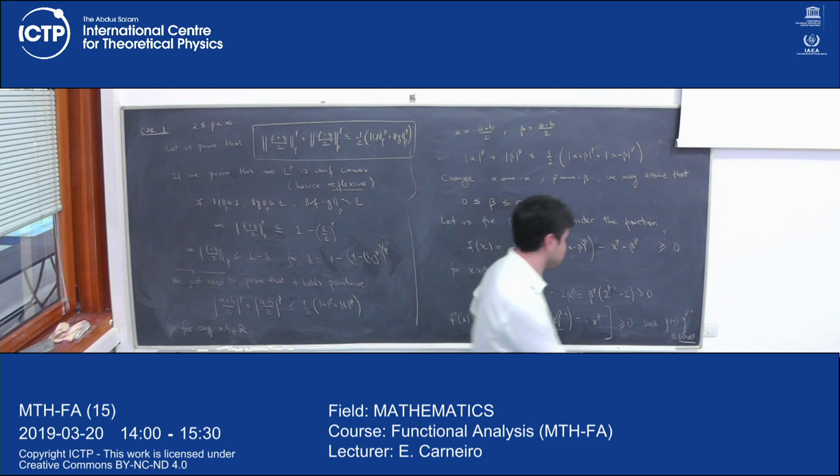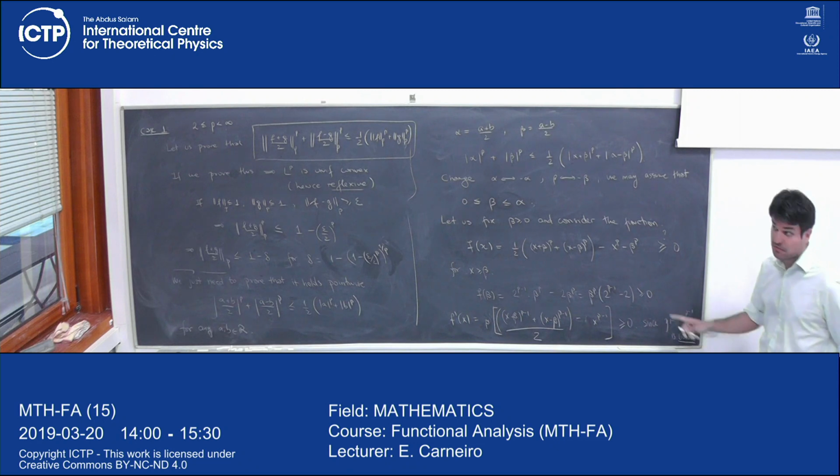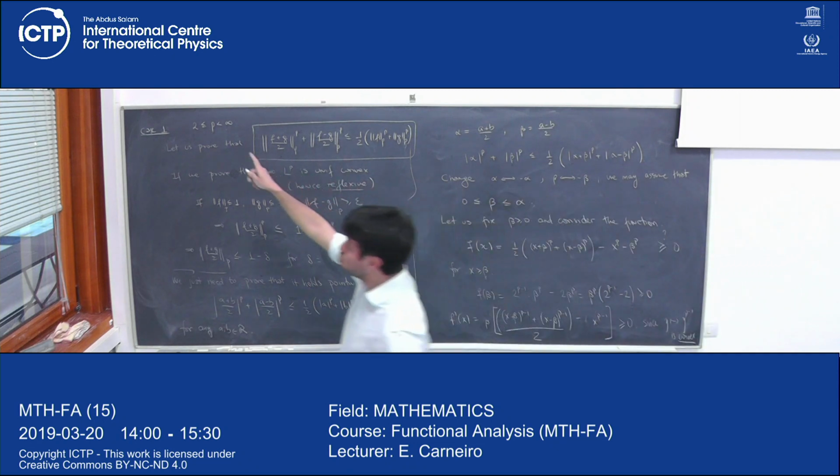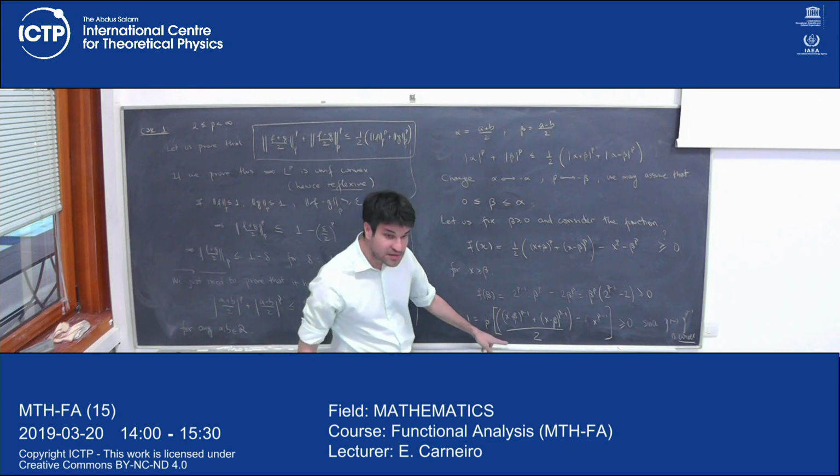Right, this function is convex again. When you take the first derivative, you get p minus 1 to p minus 2. When you get the second derivative, it is positive because p is bigger or equal than 2. Is that clear? Why this is positive?